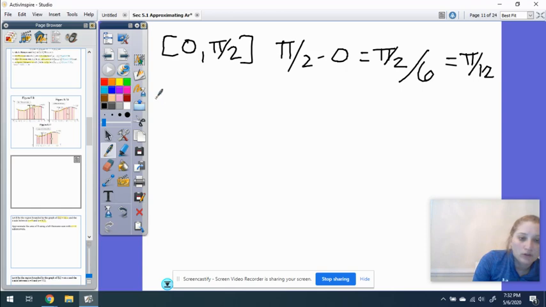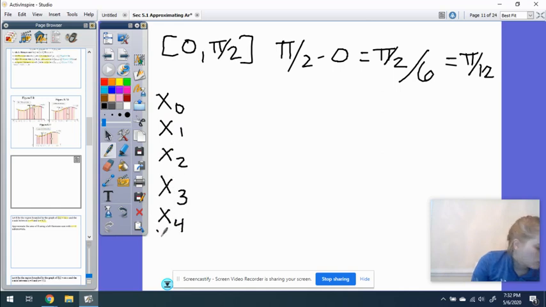Okay, so let's go ahead and set the chart up. So we're going to start with our initial value. All right, we're going to start with left.